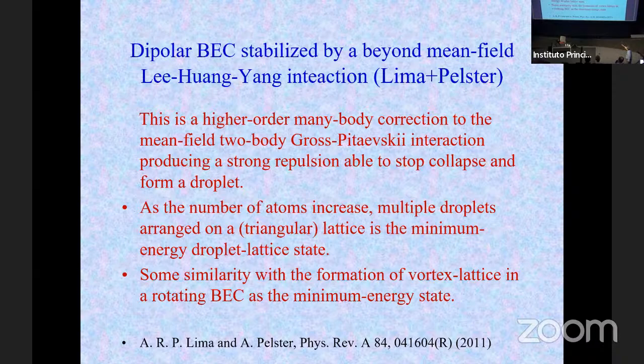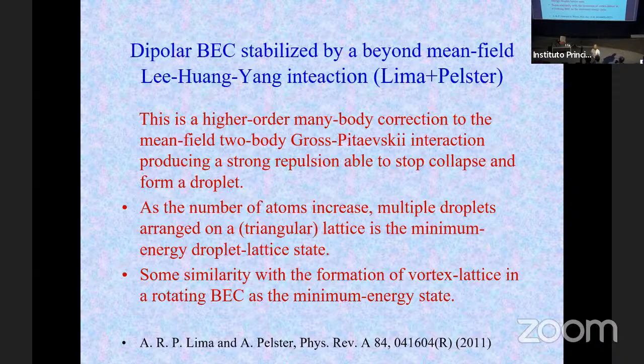One of these lowest quantum corrections was calculated by Lee, Huang and Yang a long time back in the 1960s. And this is strongly repulsive, so at short distance it can stop the collapse. That's why the collapse is stopped.